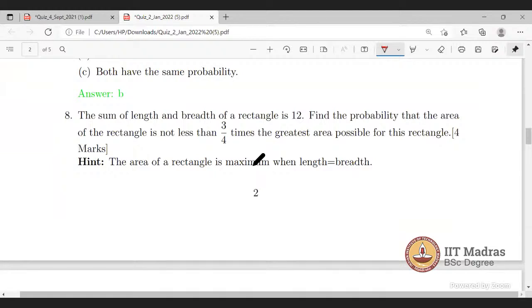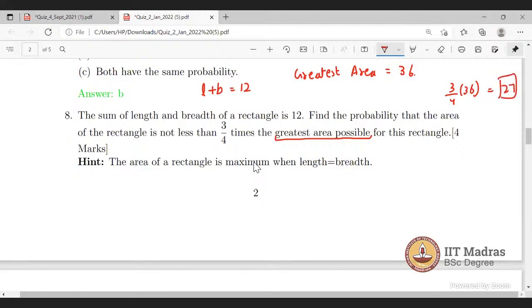Okay, so the sum of length and breadth is 12, right? Find the probability that the area of the rectangle is not less than 3/4 times the greatest area possible. So first I need to find the greatest area, which is 36. So 3/4 times the greatest area would be 27.